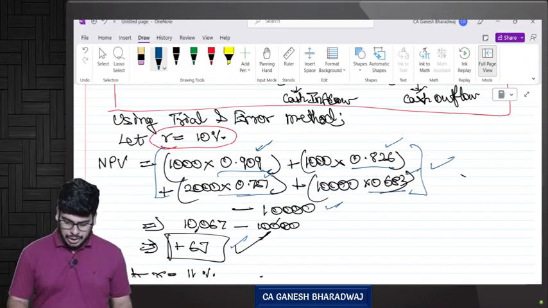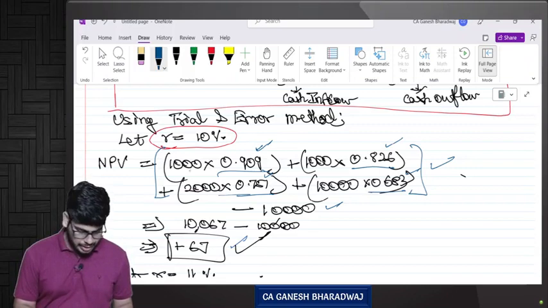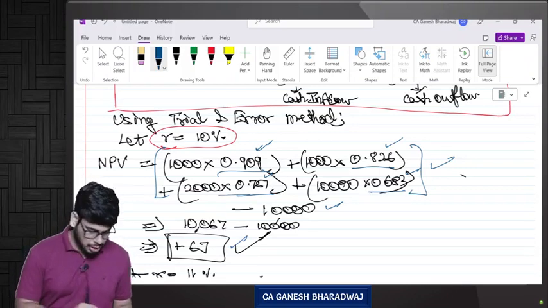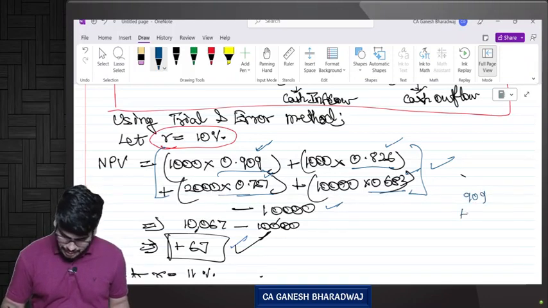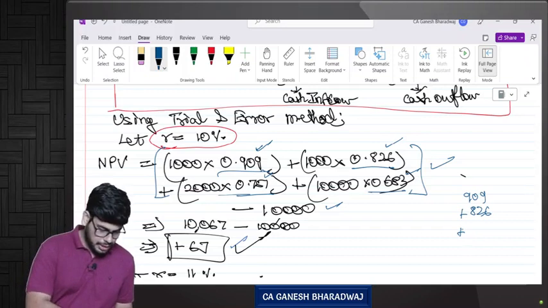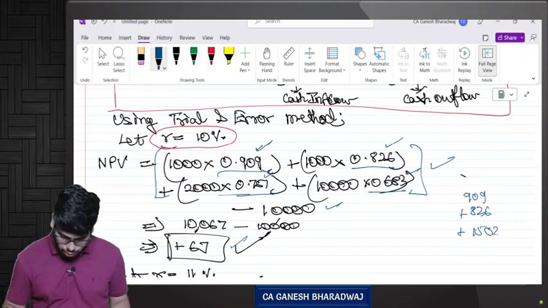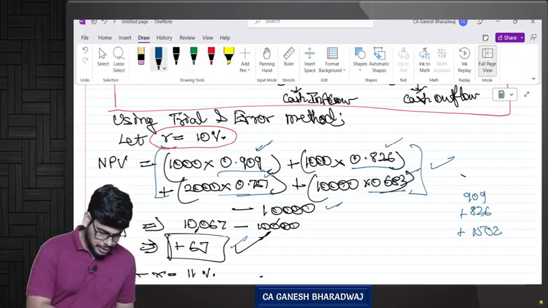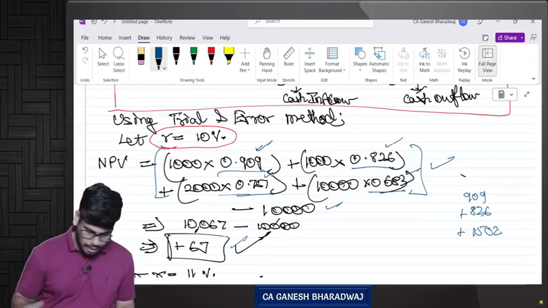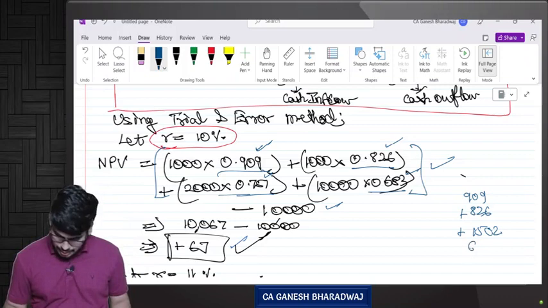Yes. So now let's calculate this. 1000 into 0.909, you get 909, plus 1000 into 0.826, this 826, plus 2000 into 0.751, you get 1502. Then 10,000 into 0.683, you get 6830.